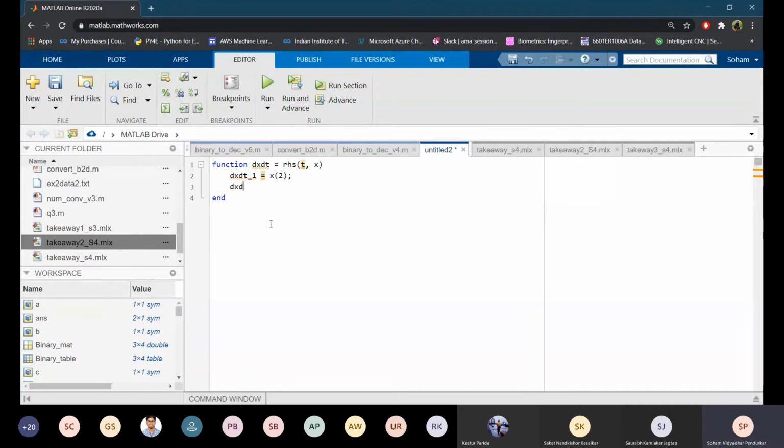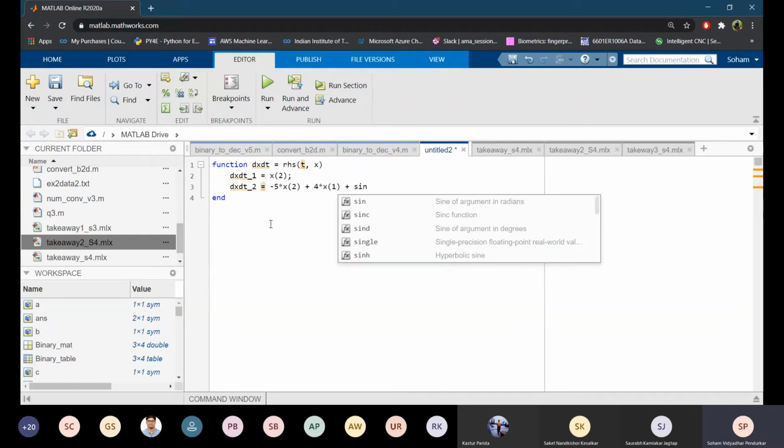Then dxdt underscore 2 is equal to, again, minus 5 times, what was it, x of 1, plus 4 times x of 2, plus sin of 10 into t.